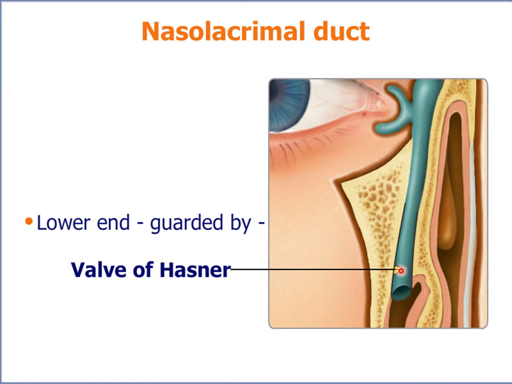This mucosal fold is known as the valve of Hasner or plica lacrimalis. It acts as a guarding valve to prevent the entry of air back into the lacrimal duct, thereby into the conjunctival sac, when the nose is blown with force. That is the function of the lacrimal fold.